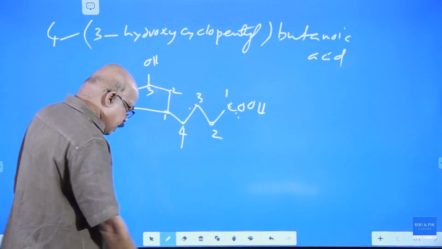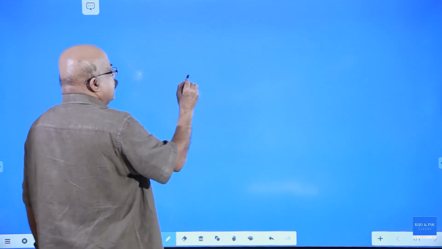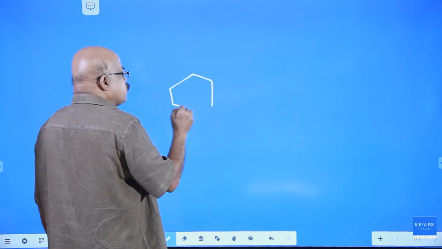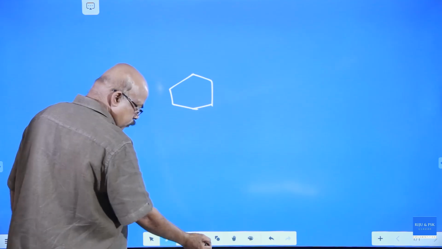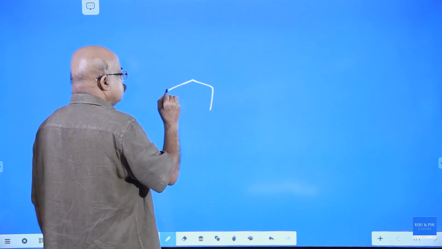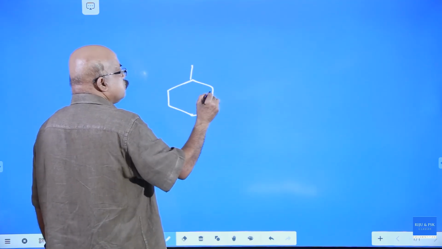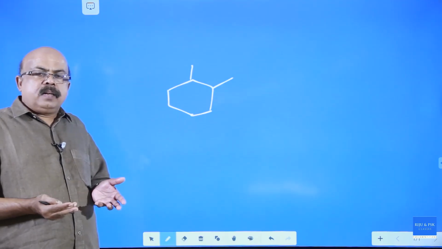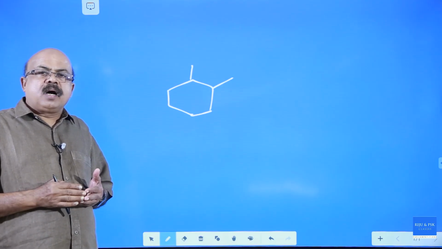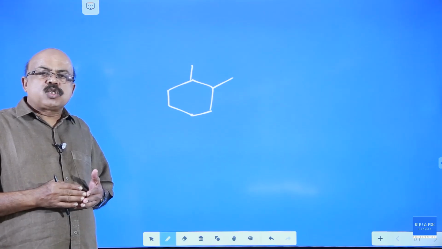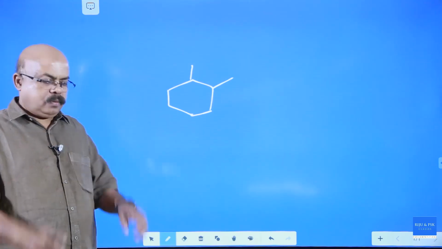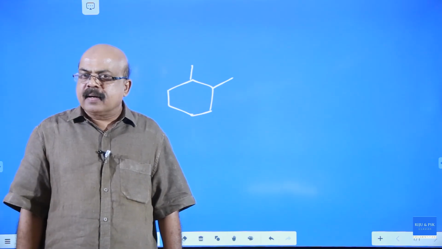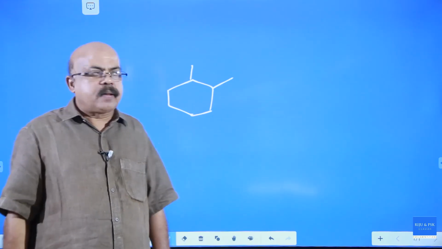All right. Next is, if there are 2 substituents. If 2 or more substituents are there on the ring, then the ring is always treated as the parent.